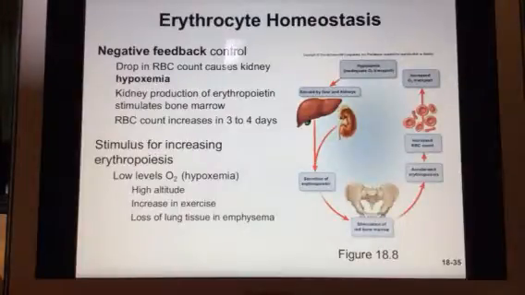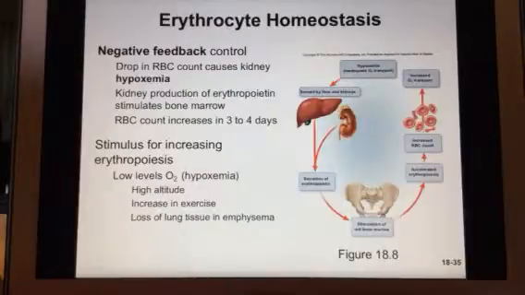Okay, so let's talk about how the negative feedback control works for red blood cells. We know that negative feedback control just means if there's a drop in something or we're lacking something, that's the messenger system for how the body is going to increase production. So a drop in red blood cell count will be noticed in the kidneys. Hypoxemia is just a low red blood cell count and low oxygen levels.